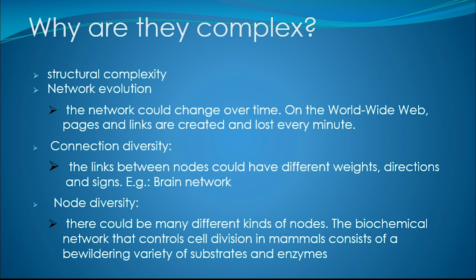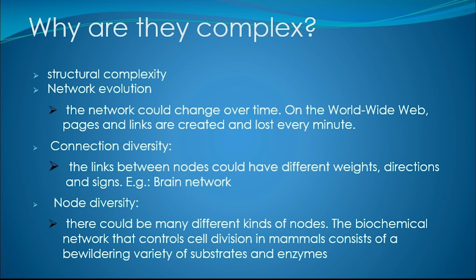It has a very complex structure, and may have so many links. Again, a network is evolving. Just like our language, a network is also evolving. Your Facebook friendship network or the World Wide Web, everything is changing or evolving over time. And there may be different types of nodes in a network.